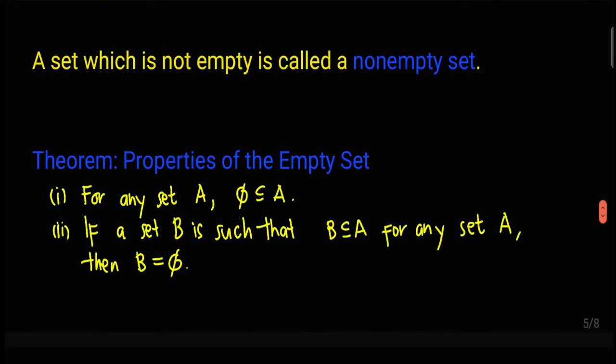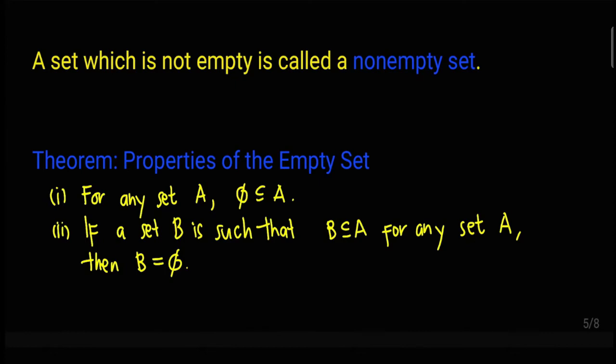Let's look at some properties of the empty set. For any set A, the empty set is always a subset of A. This is really easy to grasp. How come something that contains nothing is a subset of A? To form the subsets of A, usually it contains elements of the set.